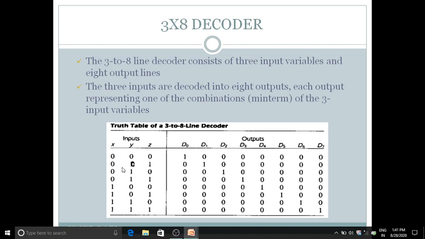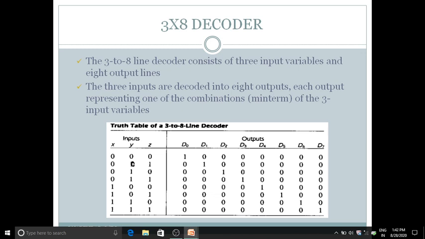For any particular combination, this is how it happens: we apply a certain combination of input, which chooses particular values for x, y, z, and for that chosen combination, one out of these 8 outputs will go high, and the remaining will be 0.